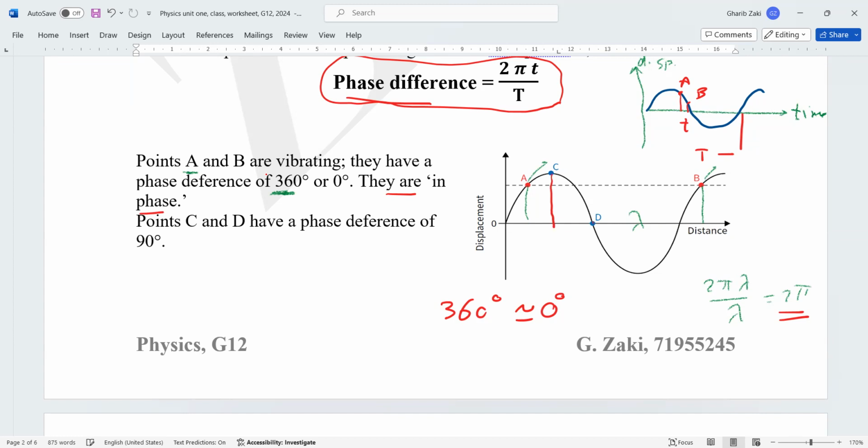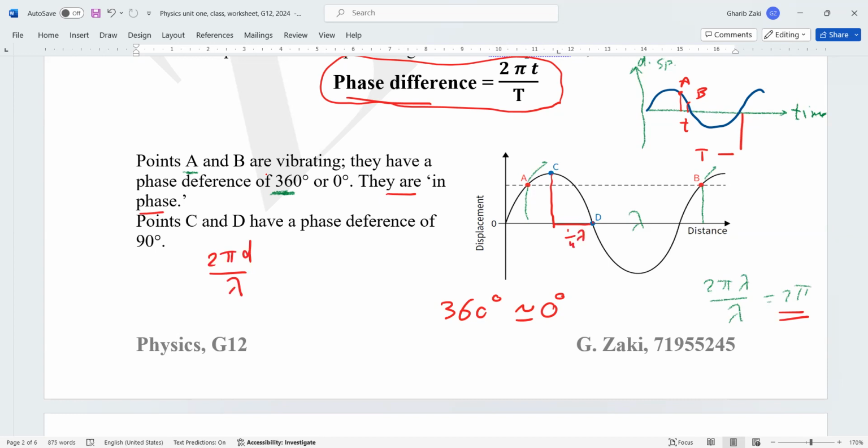The distance between C and D is a quarter cycle. Can you see? It's a quarter cycle. So what is the phase difference between C and D? Again, the phase difference is denoted by 2 pi d over lambda. Here d is a quarter lambda.